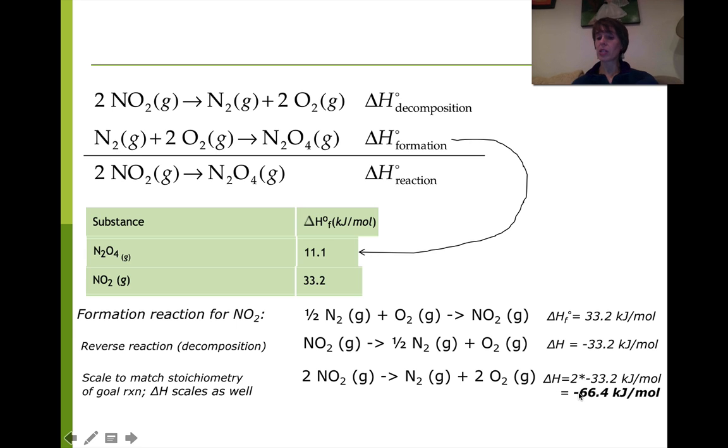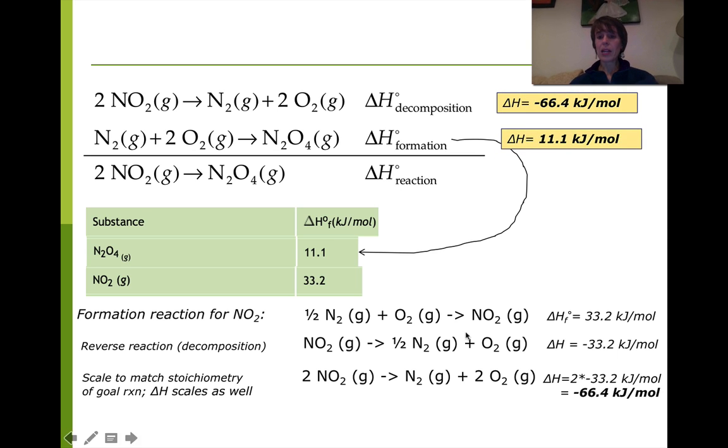So the enthalpy change associated with that scaled up decomposition is negative 66.4 kilojoules per mole. So now that I know the enthalpy changes associated with the decomposition at this stoichiometry and the formation, the sum of those is my enthalpy change for this reaction that I can't just look up a value for. So that's how we can use these enthalpies of formation to predict, to model the enthalpy changes associated with any reaction.